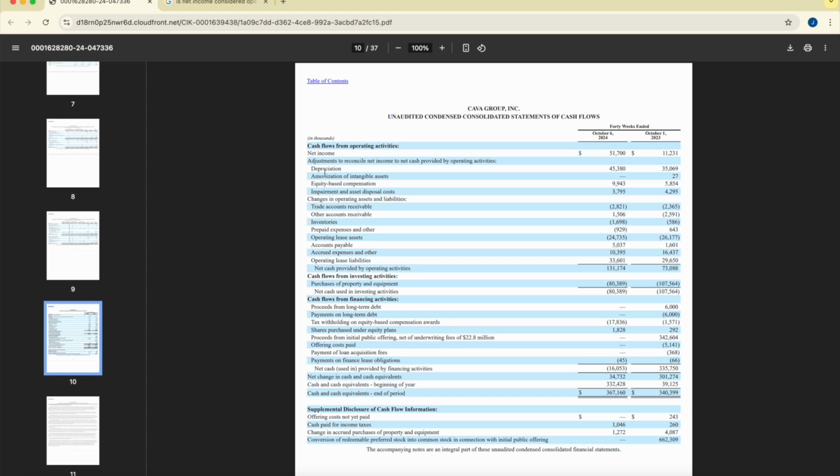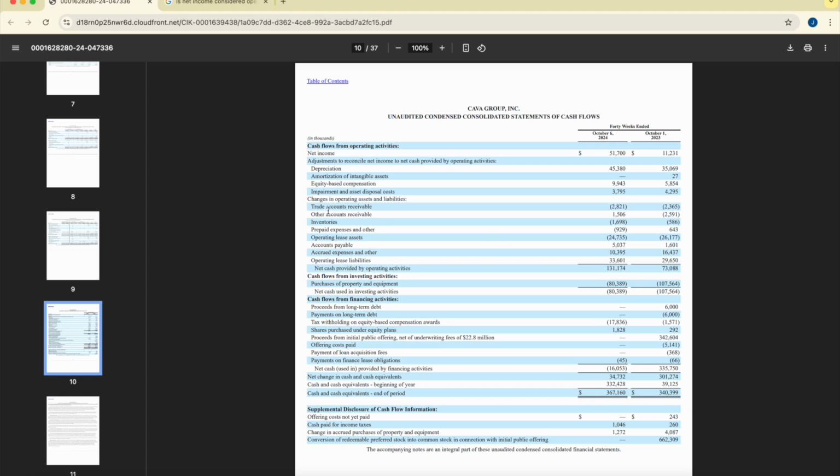After the net income, we have the depreciation, the equity-based compensation, and impairment and asset disposal costs. These numbers, as you can see, are all positive. When the number beside the trade accounts receivable is in parentheses, that means that this number is negative.